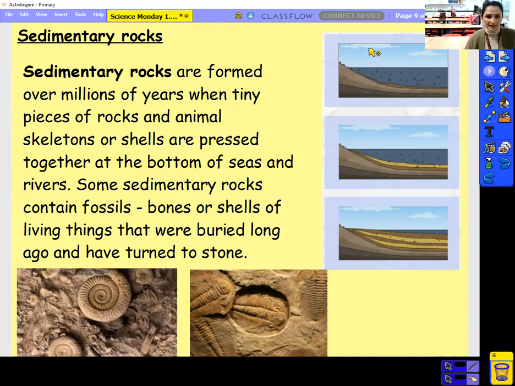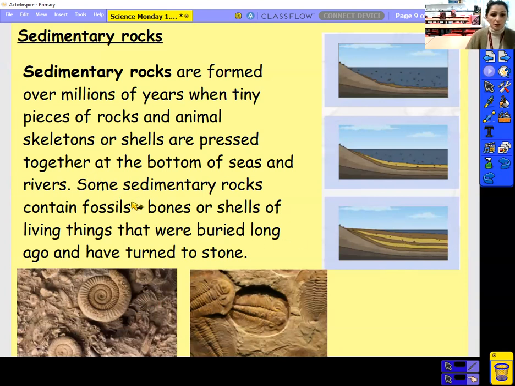And over the years, it's been pressed down over and over, and more rock and bones and things like that have gone on top of each other. Okay, it takes millions and millions of years, and over time it will start to build up.